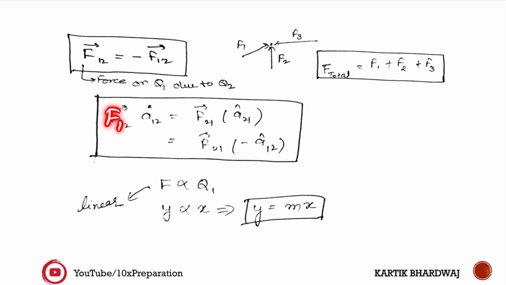Now just see this: F12 is the force in the direction of a cap 12. It means the force on charge 1 due to 2 is directed from 1 to 2.